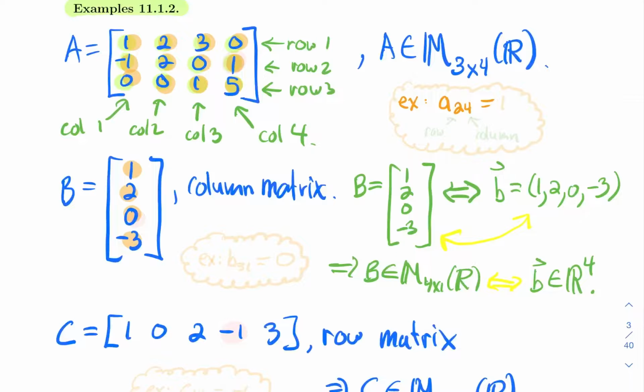You have to read the first number in the subscript, that's the row, and then the second number, that's the column. So A24, I'll be using red here, second row, fourth column, would be that entry here. So the answer would be simply 1. On the second row, fourth column, we have a 1.